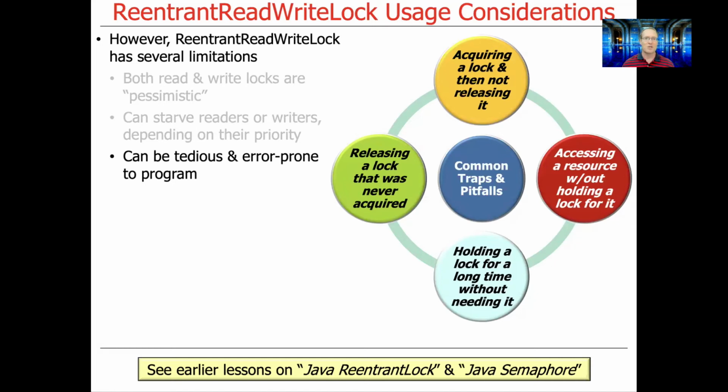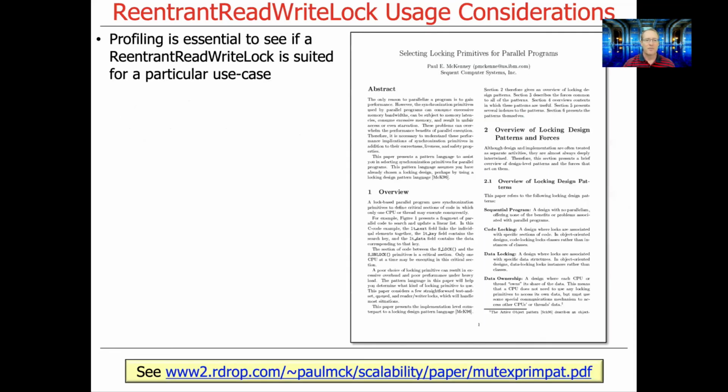You can release a lock that was never acquired. You might hold the lock for a long time without needing it. So these are all the traps and pitfalls that could befall you just because of the way that locks work in Java. And that's not necessarily a fault of ReentrantReadWriteLock. It's just that the locking mechanisms are fairly low level if you program with these layers of abstraction.